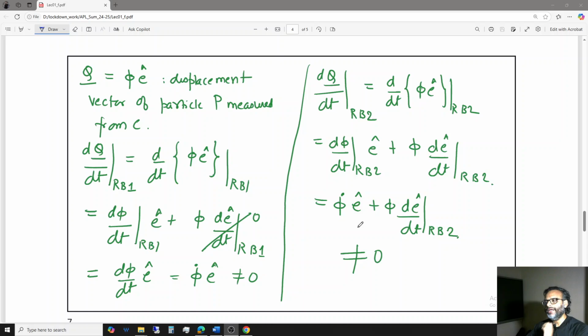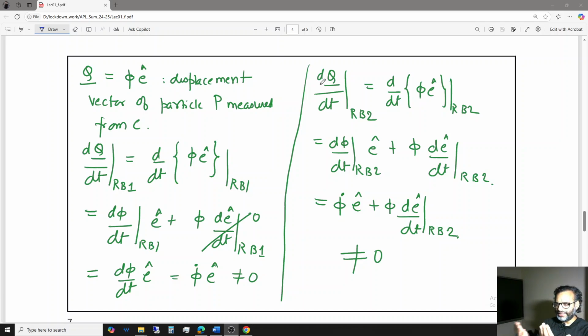And that's why you will have two non-zero terms in general, which when added together will give you the rate of change of Q vector as observed with respect to RB2.